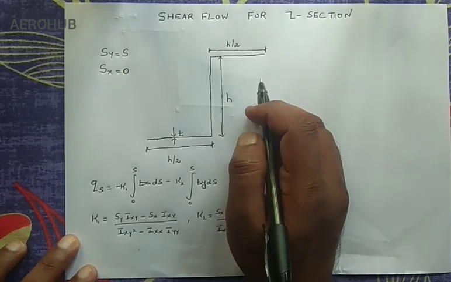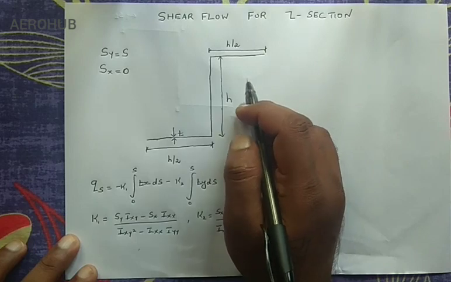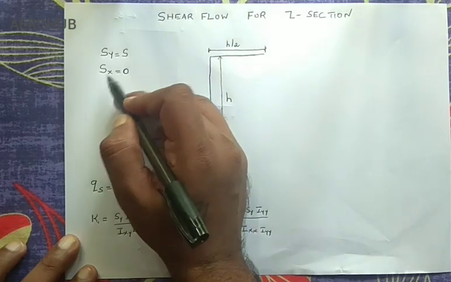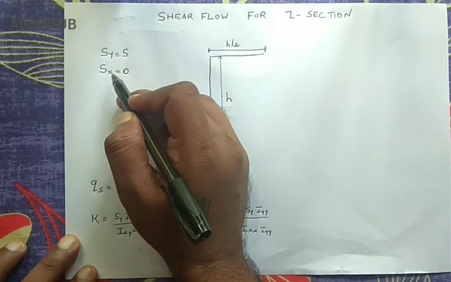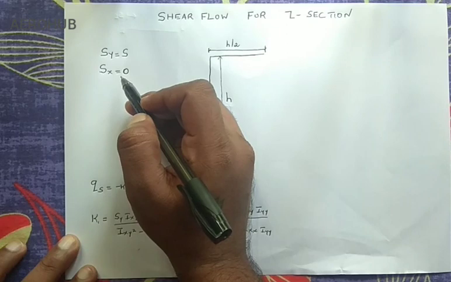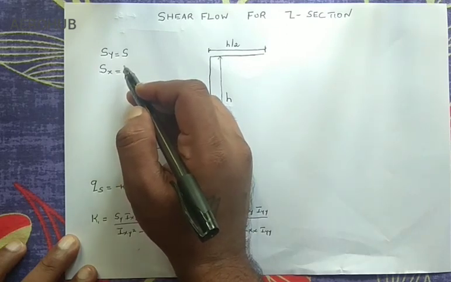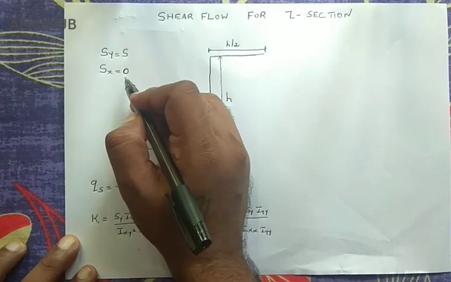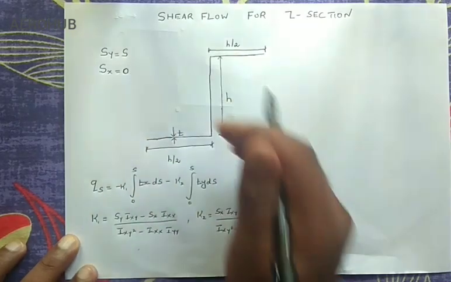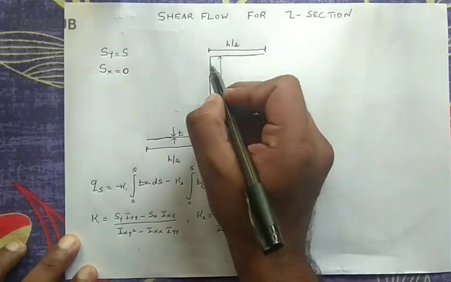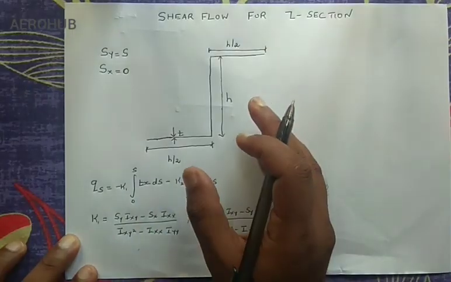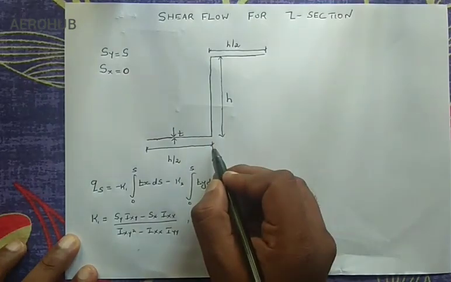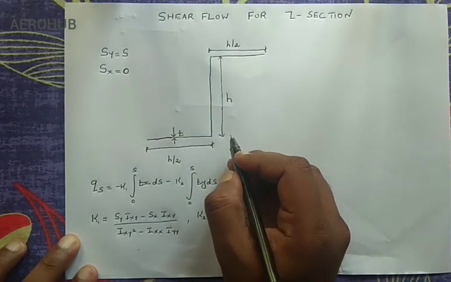This section is subjected to a shear force along the y direction, that is Sy is equal to S, and there is no shear force along the x direction. Always remember that while analyzing for bending stress as well as shear flow, we keep the web of the section along the y-axis.